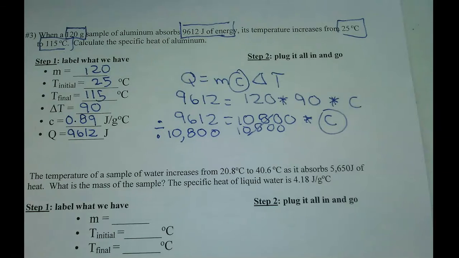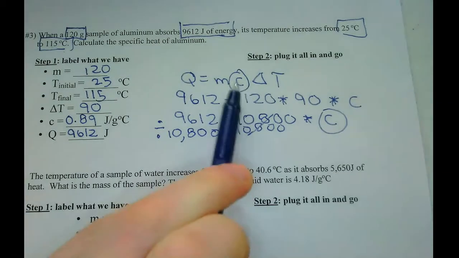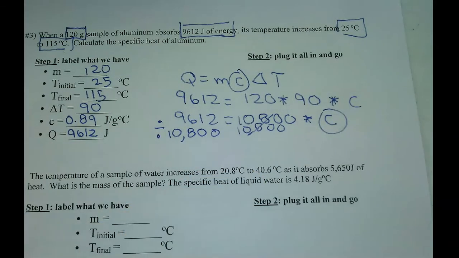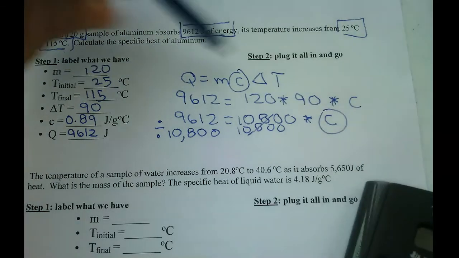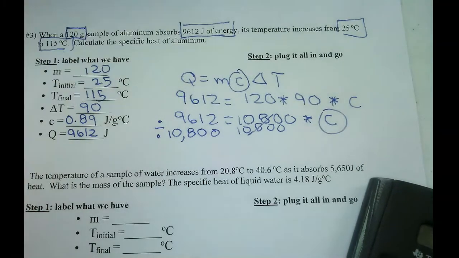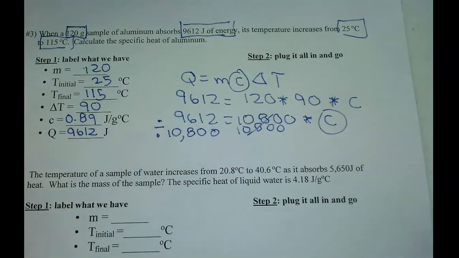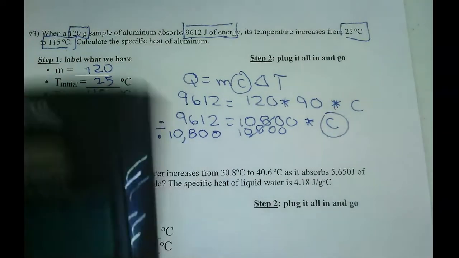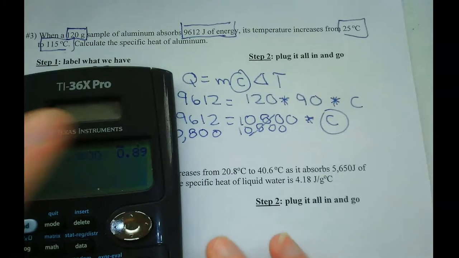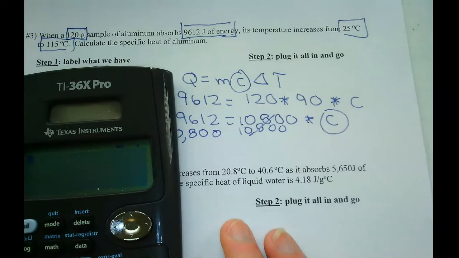Now, sometimes it can be helpful, especially I was always very not confident with my algebra skills in high school, so I would often check my own work, plug it back in, and see if I could get what I expected. So if I multiply my answer times the mass times the change in temperature, ideally I want to make sure I'm getting this number. So I'm going to try that out just to make sure I didn't make a mistake.